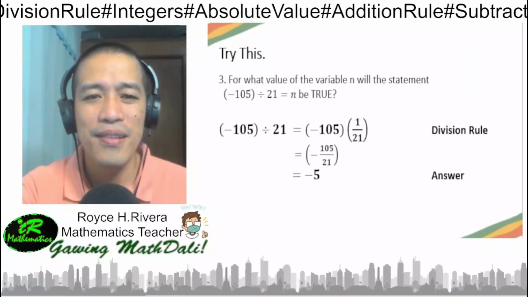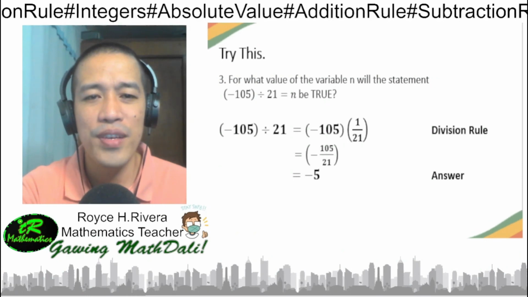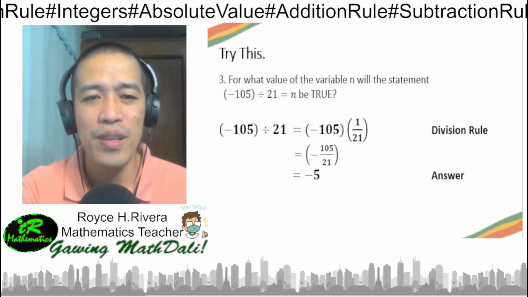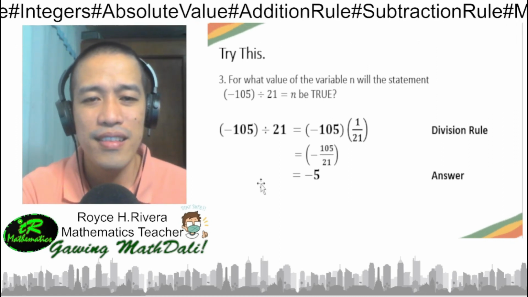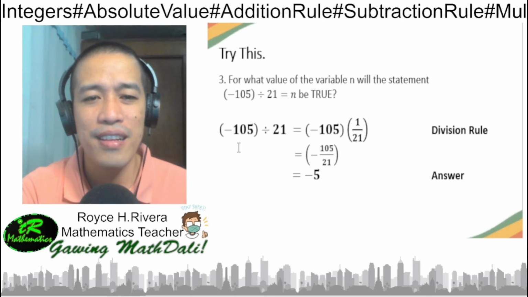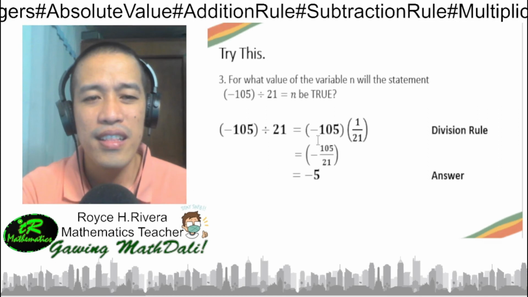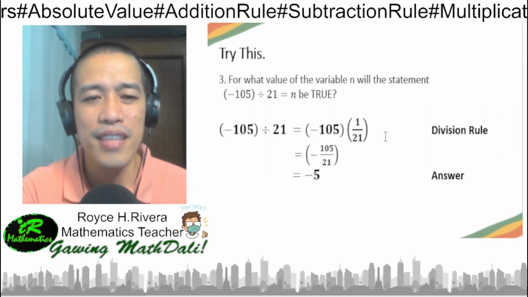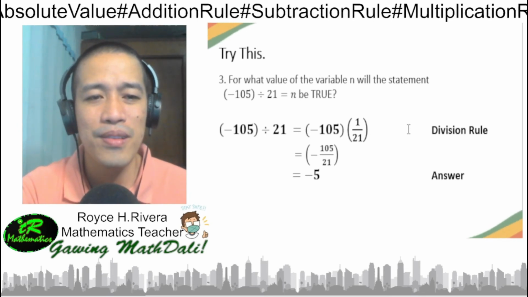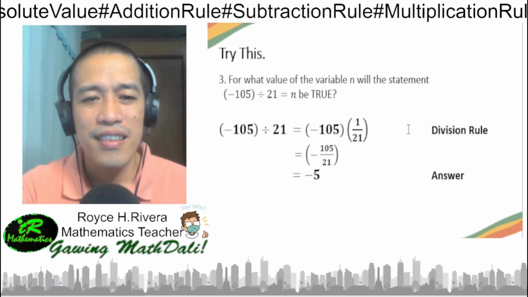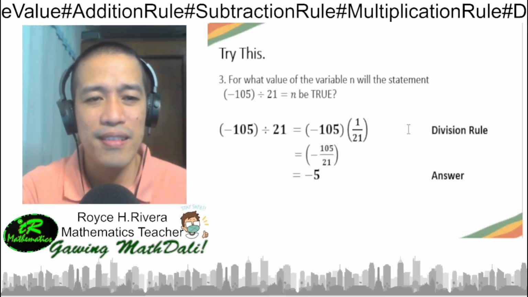Item number 3, for what value of the variable n will the statement negative 105 divided by 21 equals n be true? Solution, we write negative 105 divided by 21. That is equal to negative 105 times 1 over 21, because of the division rule: get the reciprocal of the divisor, then proceed to multiplication.